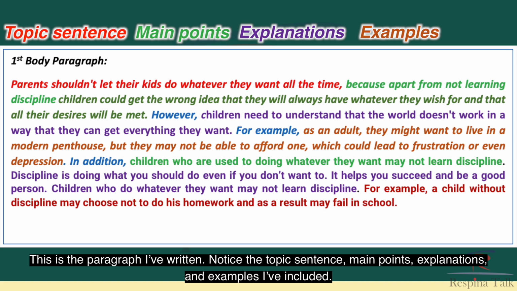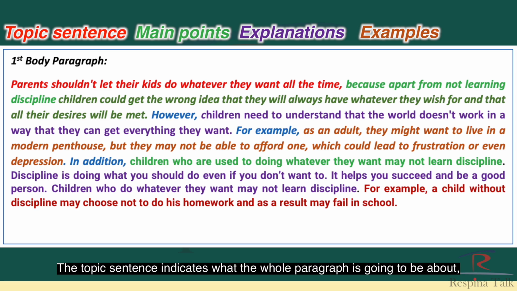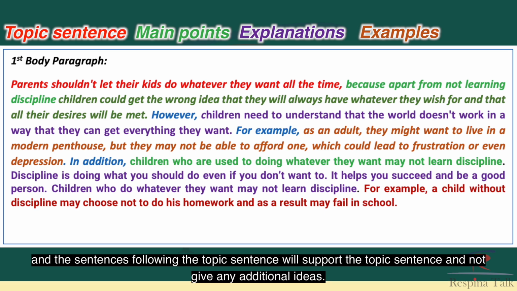Notice the topic sentence, main points, explanations, and examples I have included. Keep in mind that you need to be extra careful when you write your topic sentence. The topic sentence indicates what the whole paragraph is going to be about, and the sentences following the topic sentence will support the topic sentence and not give any additional ideas.